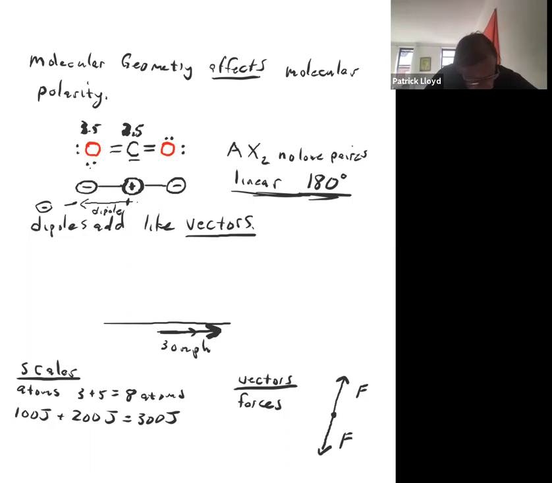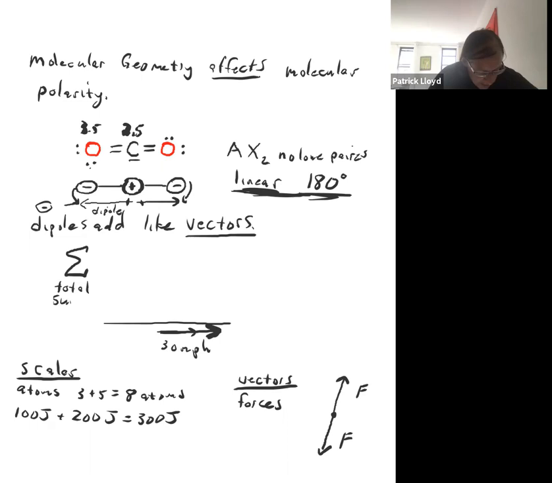These two vectors are in exactly opposite directions because the molecule is linear, right? Meaning the negative of this bond is on the opposite side as the negative on that bond. So think of it like forces. They're pulling in opposite directions. And so now imagine if two people are pulling exactly the same force in opposite directions, the net force is 0, okay? So if you add up, I'm gonna use the symbol sum, sigma. Sigma means the total.